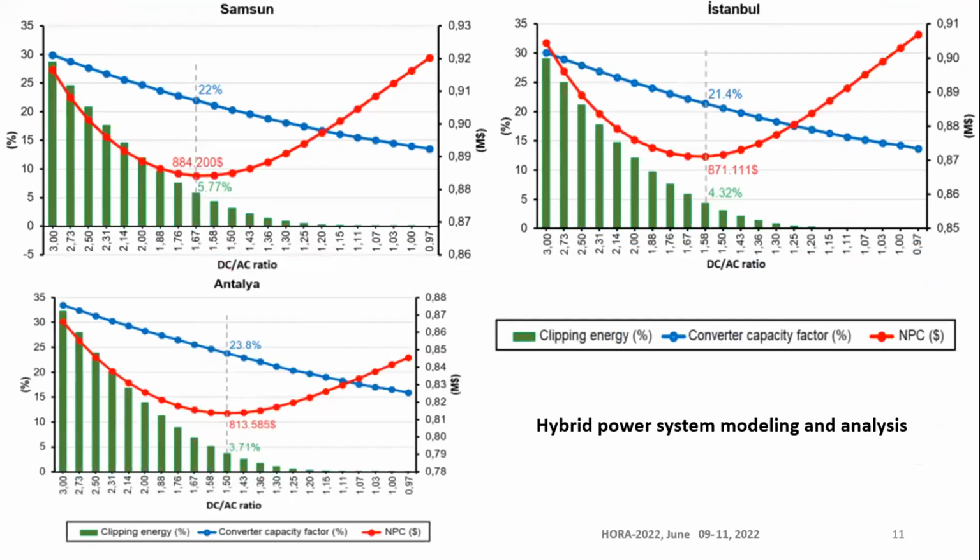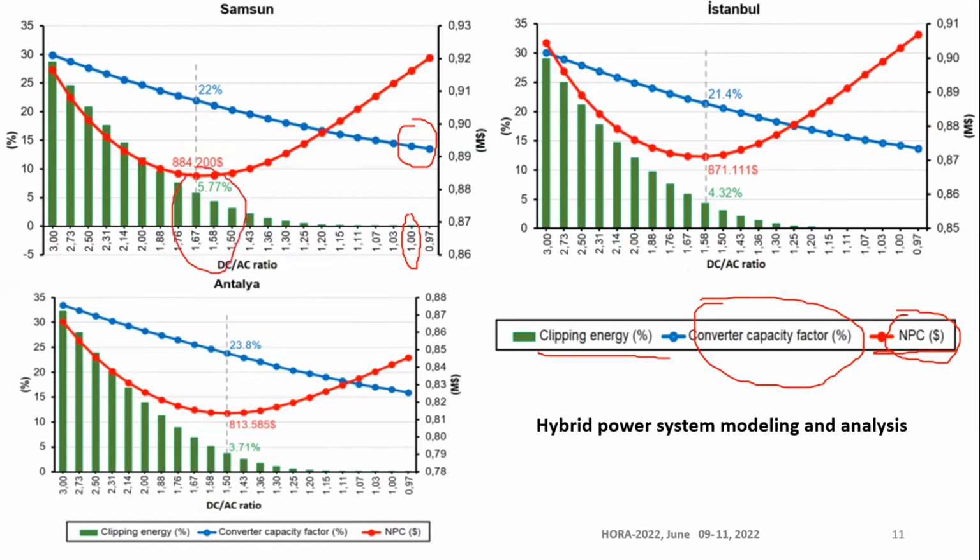And the other result is clipping energy change along with net present cost and converter capacity factor. We can see this: if we use the same ratio, namely DC PV power and AC inverter power are equal, we get lower renewable fraction and lower loss of clipping energy.